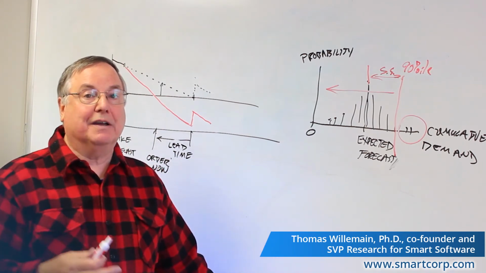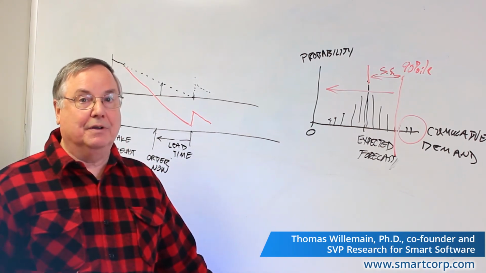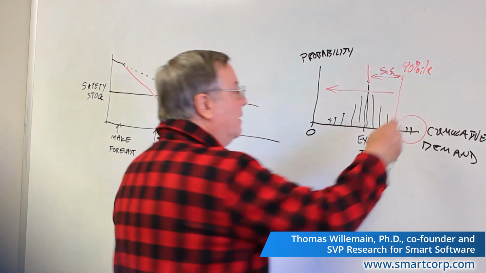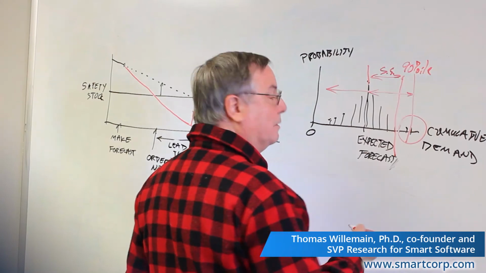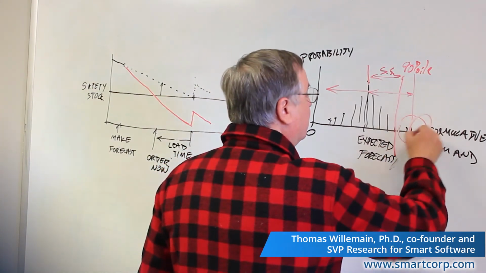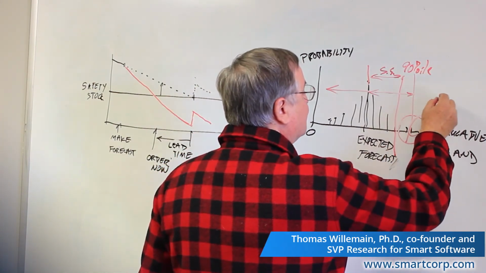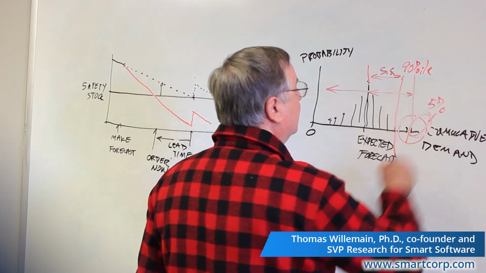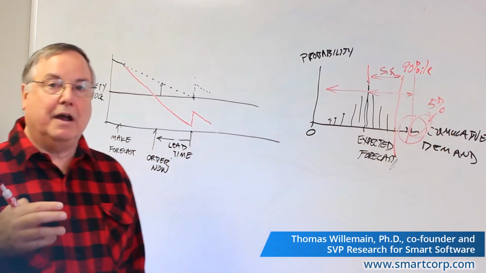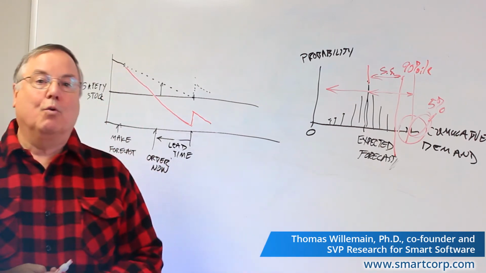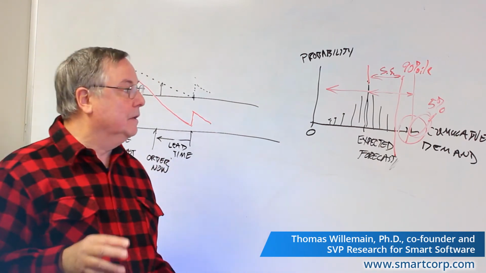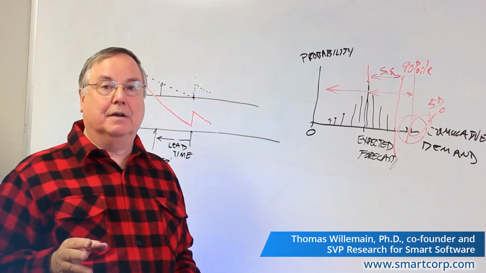So if we don't like a 10% risk of stockout, then we move this level up. We expand the safety stock, a bigger buffer, and maybe now the remaining is just, say, a 5% chance of a stockout here. So we can calculate ahead of time, based on our risk preferences, what it is that we want to use as a safety stock.